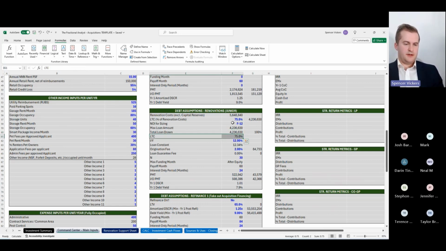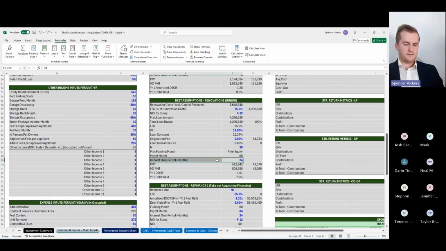So loan to cost, this should be equal to loan to cost, and it is. Interest rate, loan constant, origination fee, etc. Amortization period. The funding month: the renovation loan is funded after equity is spent. And then this is when it's paid off, the interest only period, etc. So those are the two acquisition or front-end loans to execute the business plan.